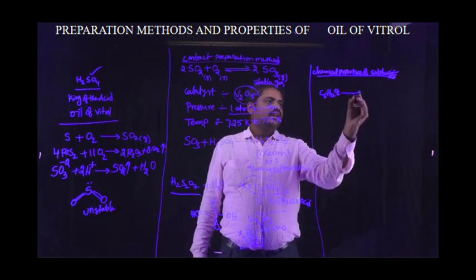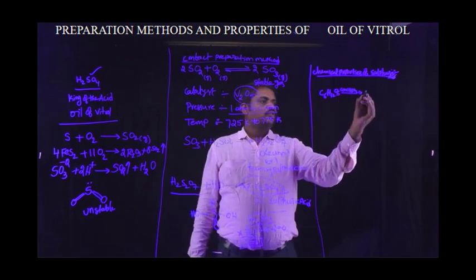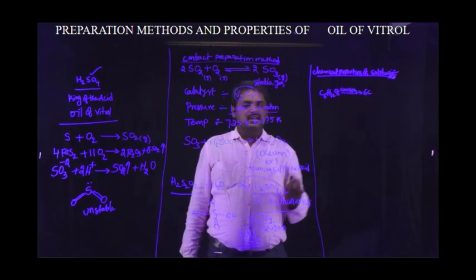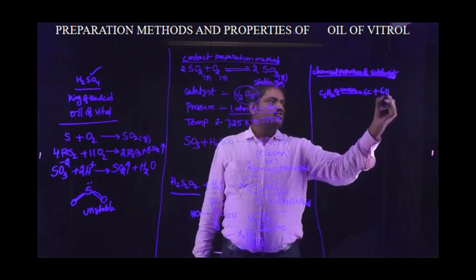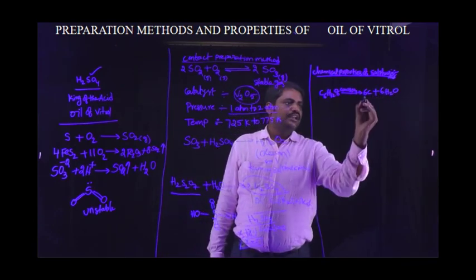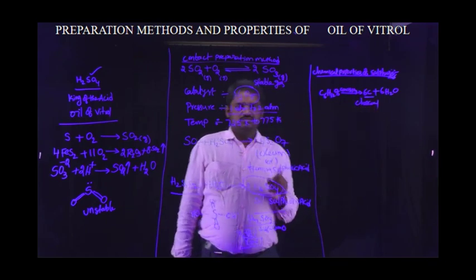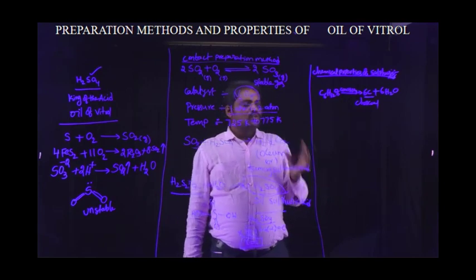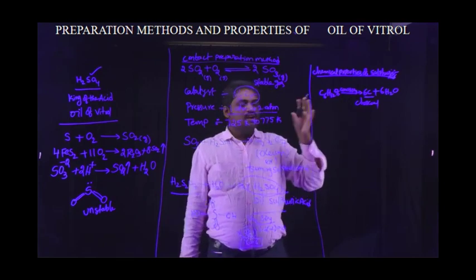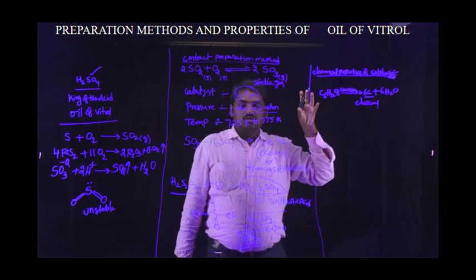C6H12O6 reacts with concentrated sulfuric acid to produce charcoal, meaning pure carbon, 6C, plus 6H2O molecules are eliminated. This is charcoal. In this reaction, glucose reacts with the concentrated sulfuric acid to produce charcoal.